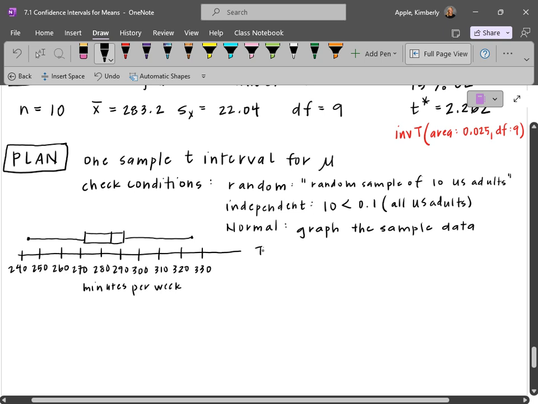But we have to talk about that, right? So the data has no strong skewness or outliers. So we will continue assuming the sampling distribution will be approximately normal.